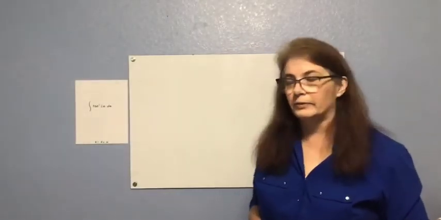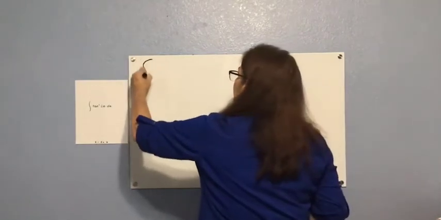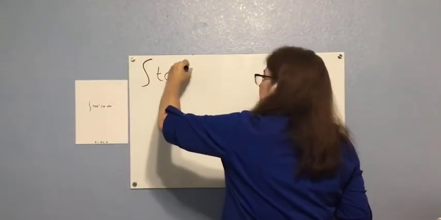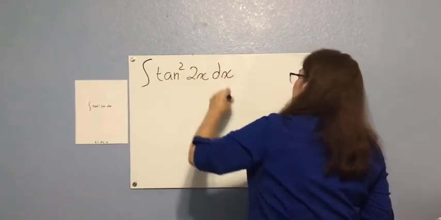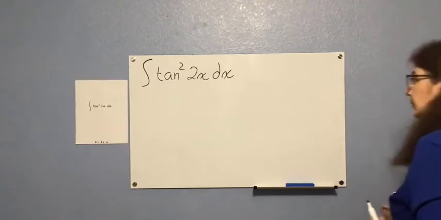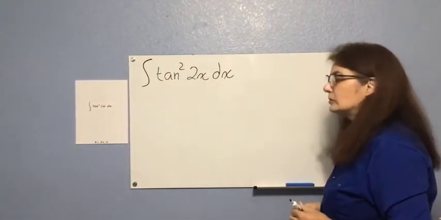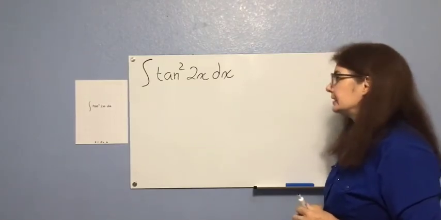Our last example for this section is another trig function. Integral of tangent squared 2x dx. If you look at your list of rules, tangent squared x is not in the list, but secant squared x is.